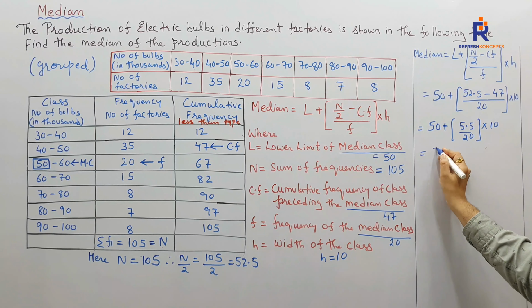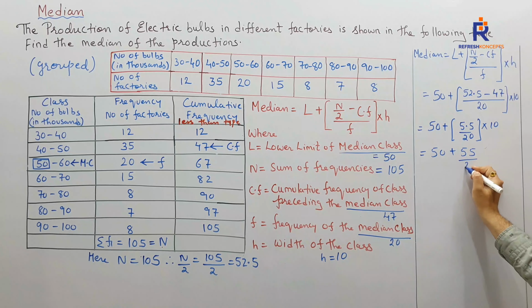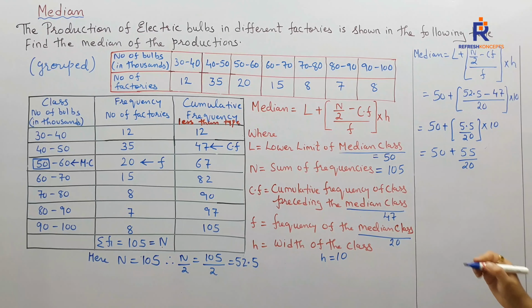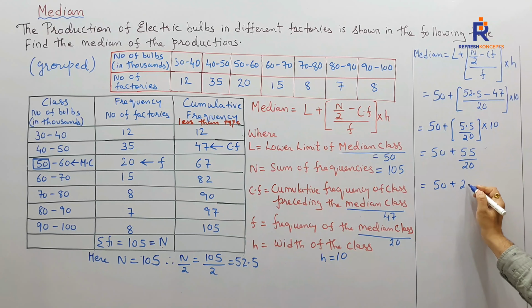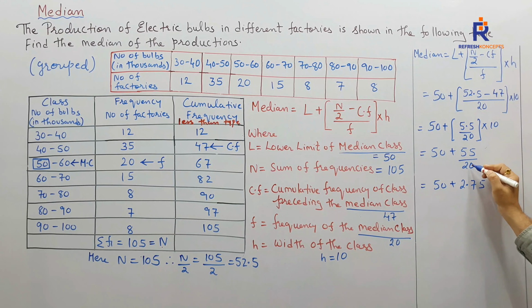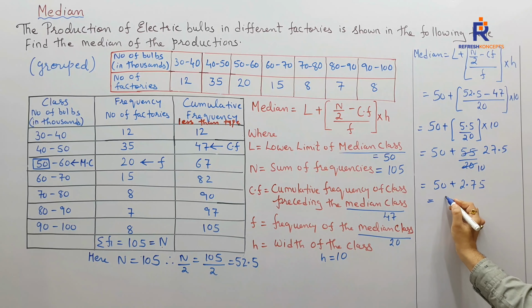So how much is this? 50 plus 55 by 20, which is 2.75. Those who want, I can give you the answer in this way also: divide by 10, that is 27.5, divide by 10, 2.75. Answer is 52.75.